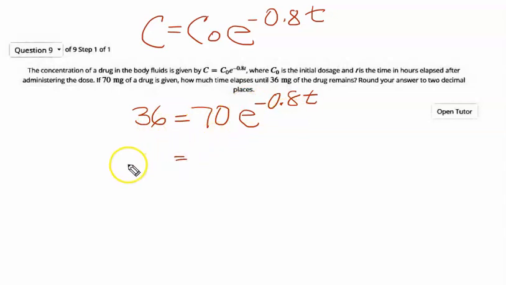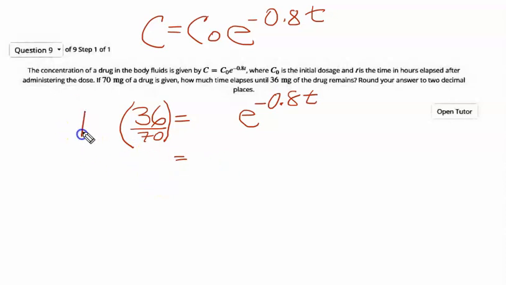Okay, so first thing we're going to do is divide both sides by 70. And this side then becomes a 1, so we can erase that. Now you might simplify this on this side, or you could just leave it like that. You're going to put it in your calculator. What's your next step?